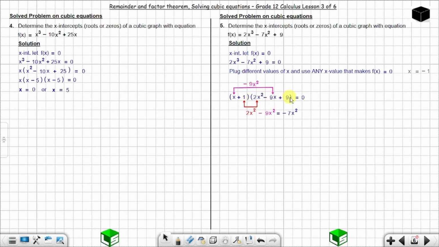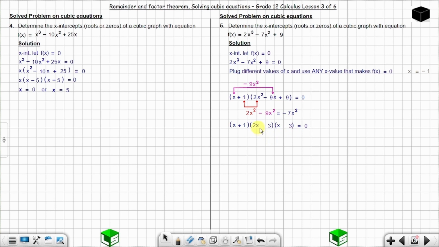Now you are going to factorize the quadratic part. You can have 2x times x, and from the 9, you can have 3 times 3. Let's see, 3 times 3 is 9. Can you get the middle term?